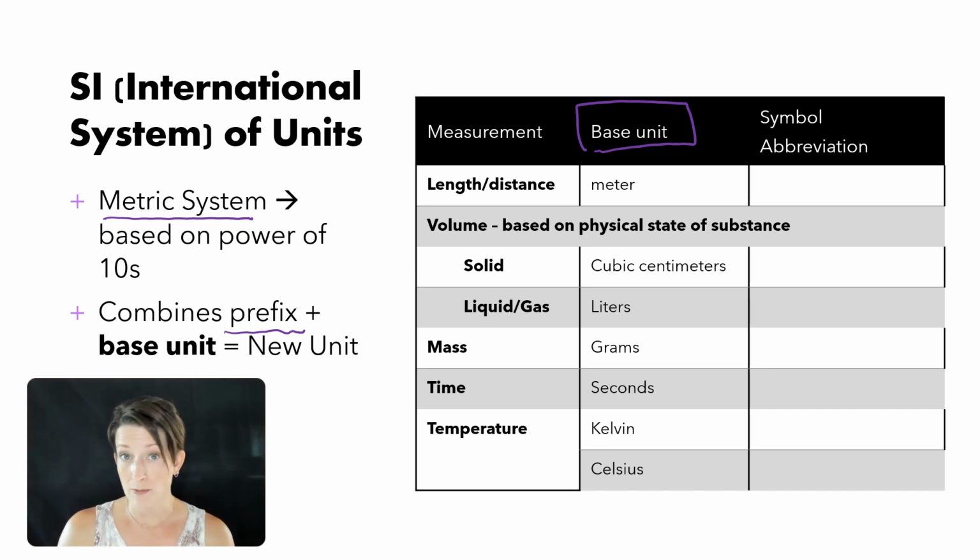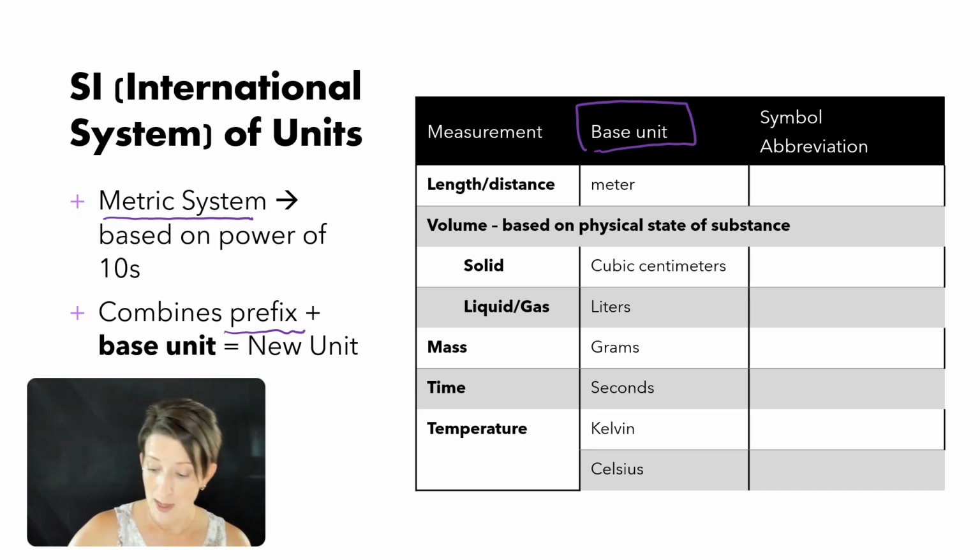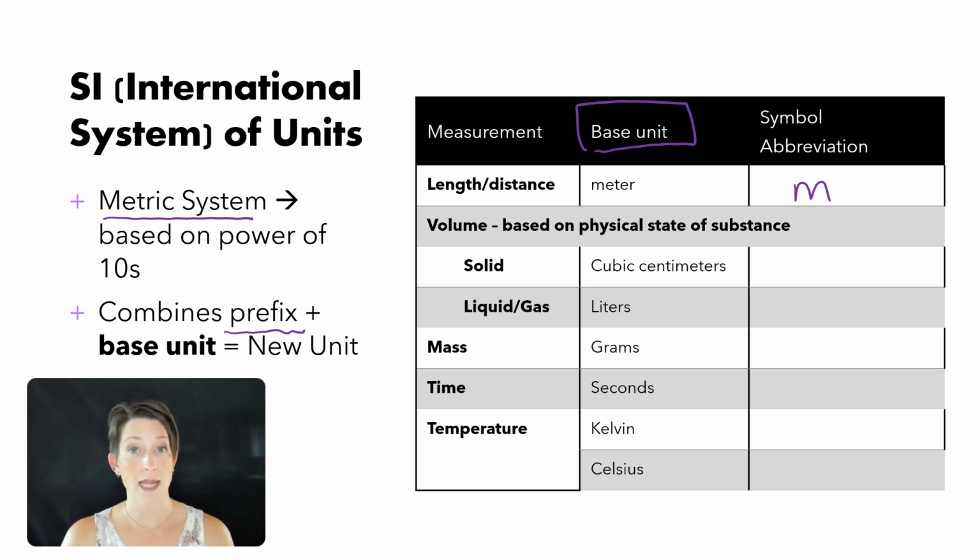You need to be able to recognize and use the following units. For length or distance, we use meter. Meter is the base unit symbolized as a lowercase m. So when we're talking centimeters, as on a ruler, we know we're using length. Centi tells us how big of that meter we're using.